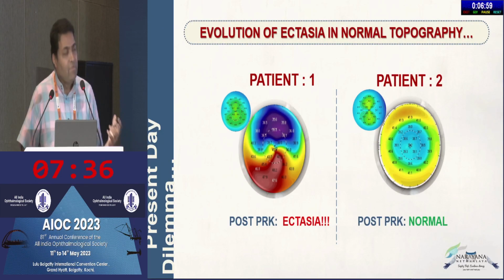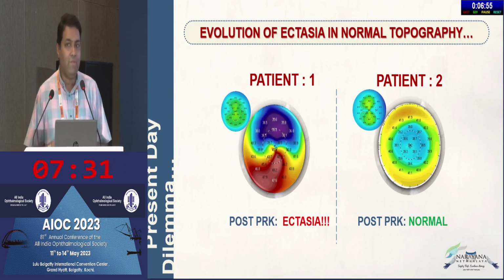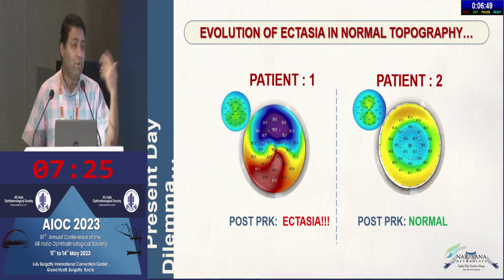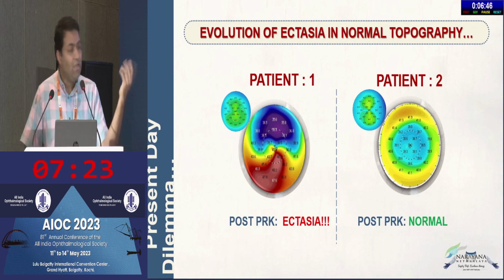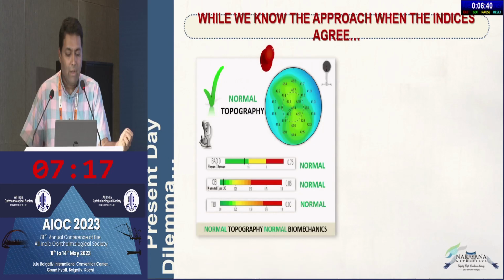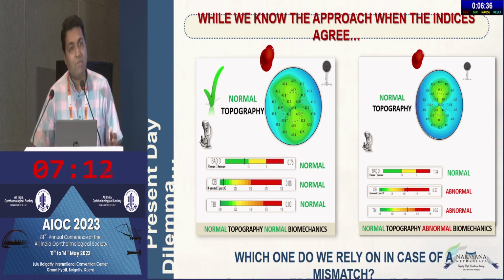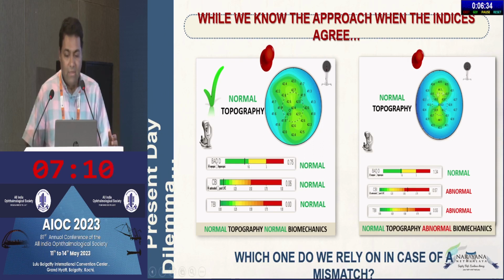And at times you have done cases on topographies which you probably would not have dared to do today with all these indices, and those are the ones who are doing very well. So this whole challenge makes us understand that there has to be something else, and the biomechanics makes it even more confusing. There are small skews, and there are biomechanical changes.